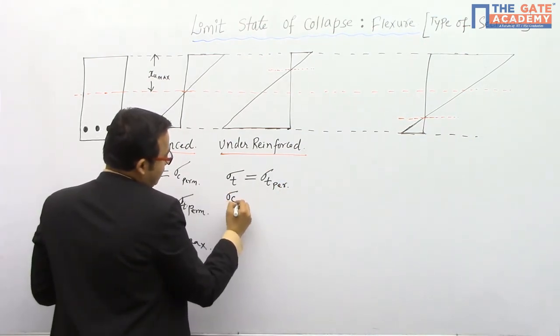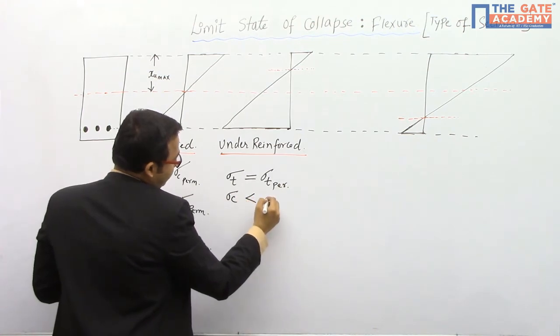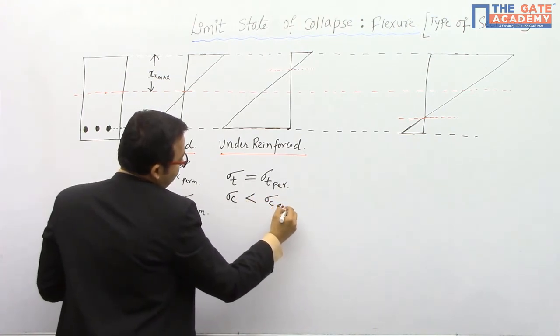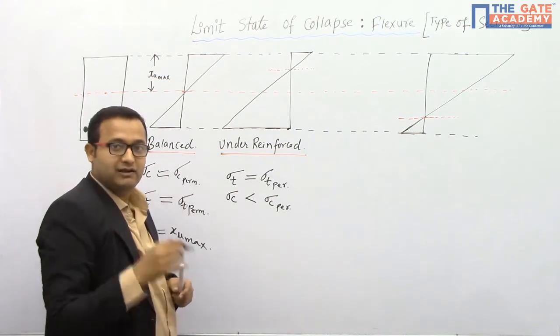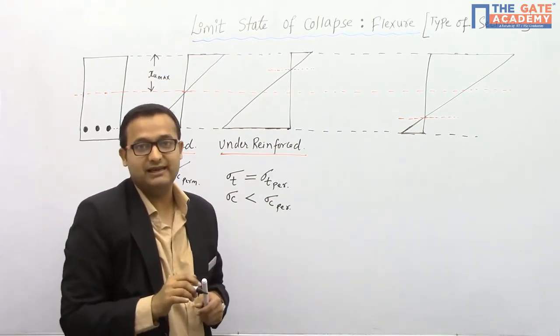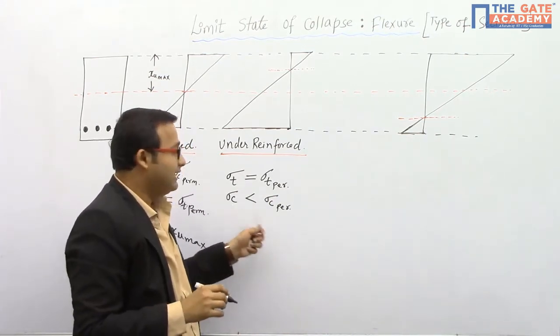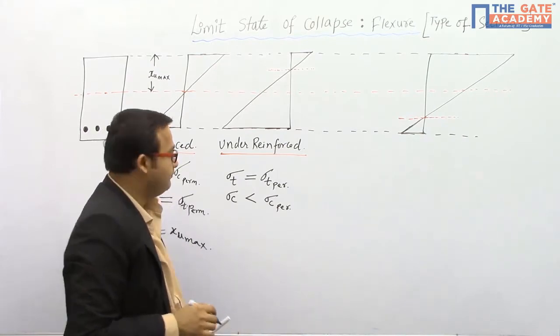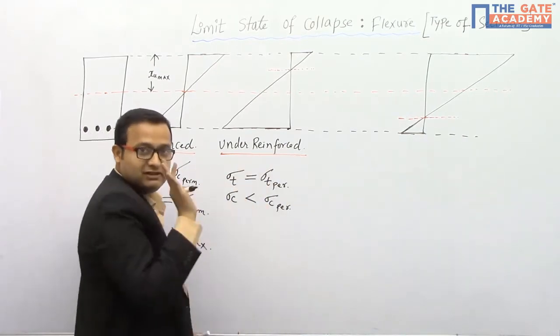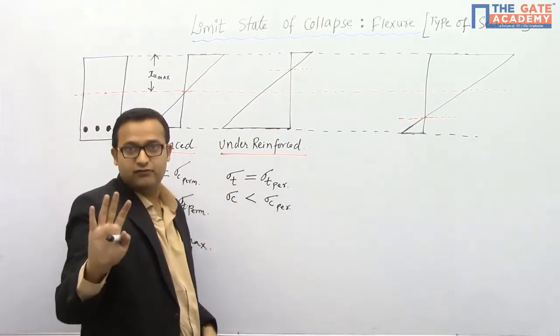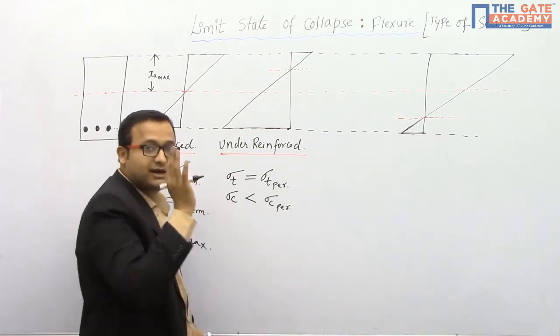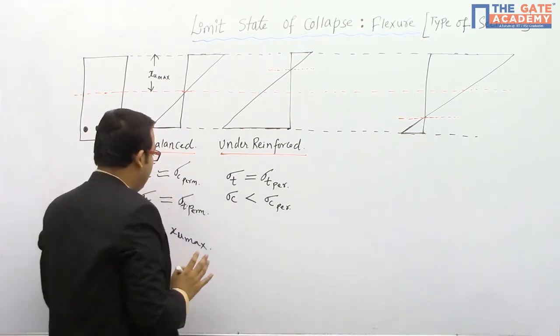But stresses in the concrete are less than their permissible value. They are not reaching it. But if we apply the force continuously, then with time they may reach it and the building may collapse. But right now, steel will fail only if you have an under reinforced section, because the stresses in the concrete are not reaching their permissible value.